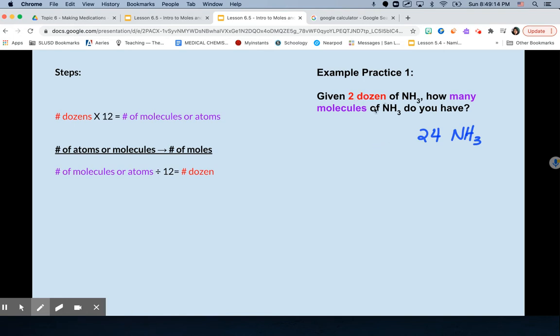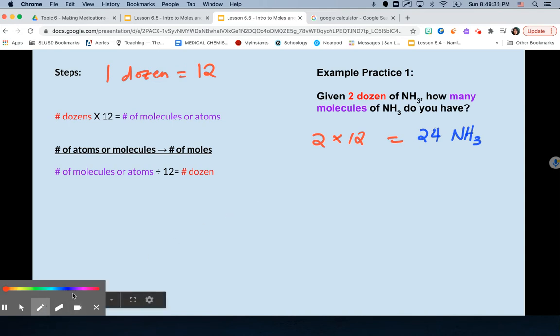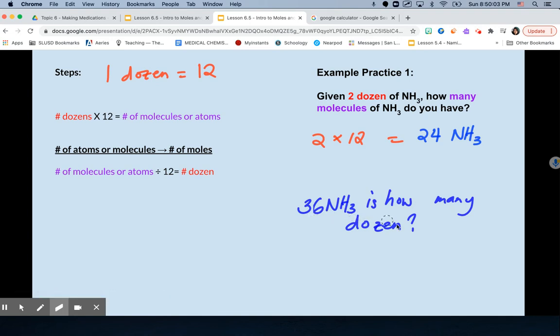And if I have 2 dozen, it's just 2 times 12, right? Because 1 dozen equals 12 things, right? And if I said, okay, what if I asked you the opposite? What if I asked you 36 NH3s is how many dozens of NH3s?